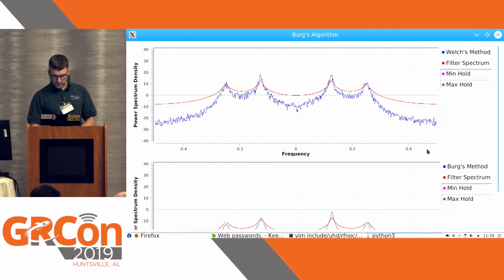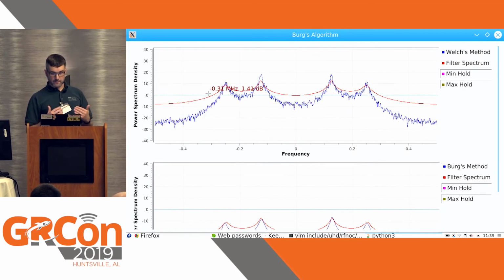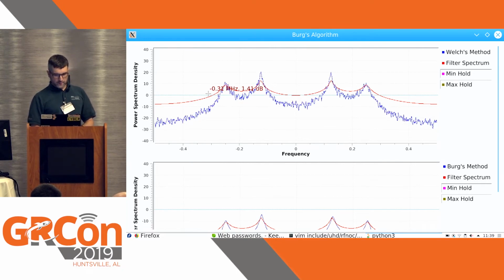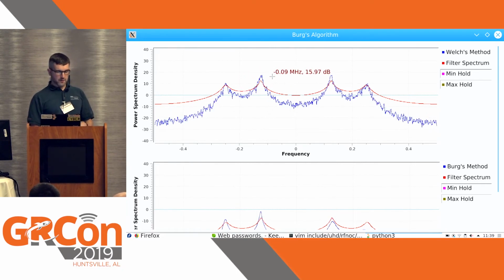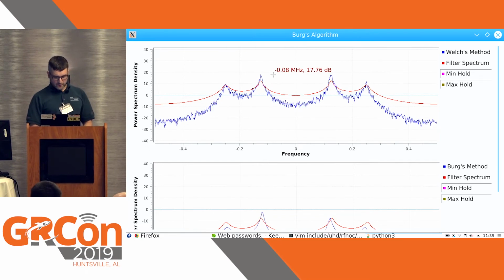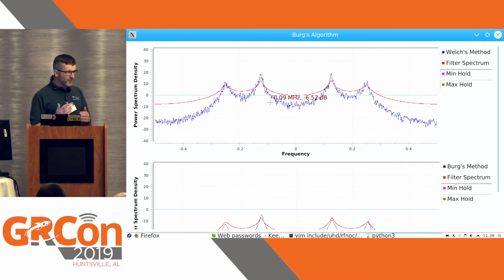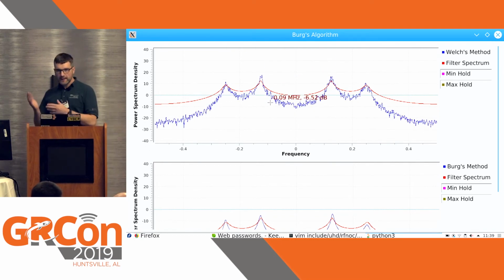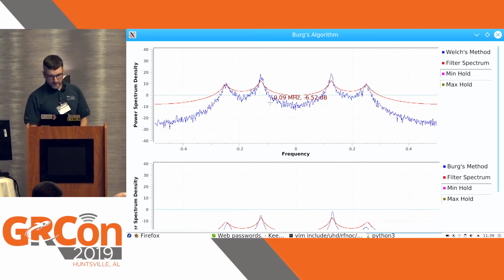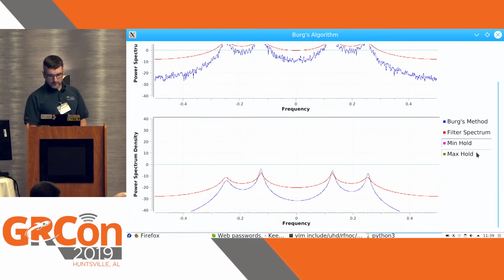So, what do we see here? In red, we see the shape of the actual filter, and in blue, we see the output of the Welch estimator. So you can see it approximates the filter, but we have those noise squiggles in there. And I said earlier, we don't actually want those. We don't care about that, they're just exciting the filter. So instead, we use Burg's method.